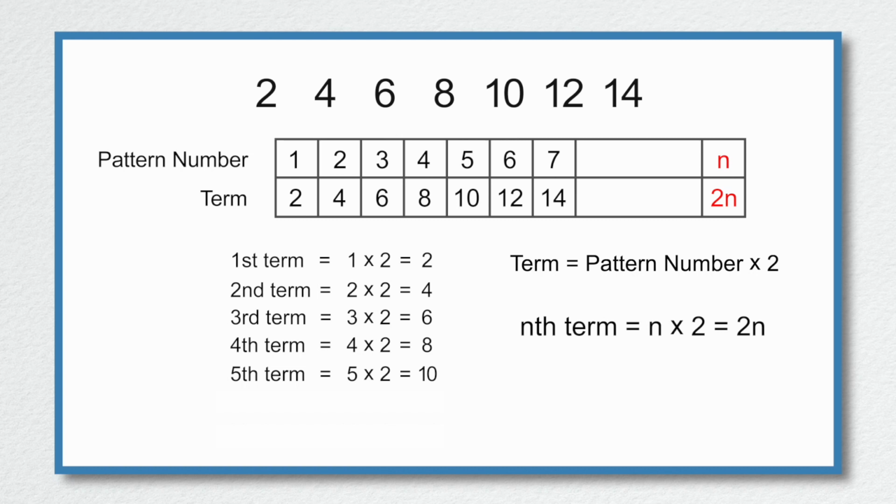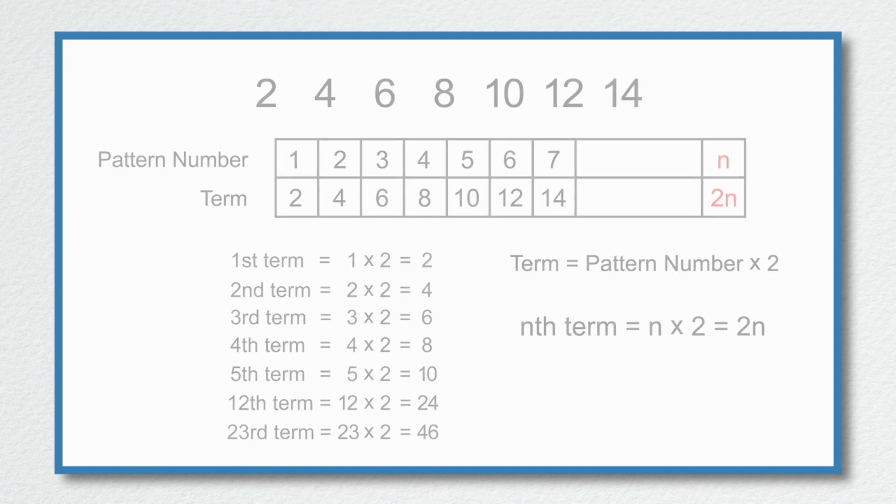If I wanted to find the 12th term in the sequence, n would equal 12. And so the 12th term would be 12 multiplied by 2, which is equal to 24. And if I wanted to find the 23rd term in the sequence, n would be 23. And so the 23rd term would be 23 multiplied by 2, which is equal to 46.